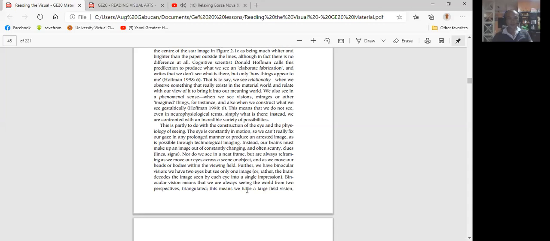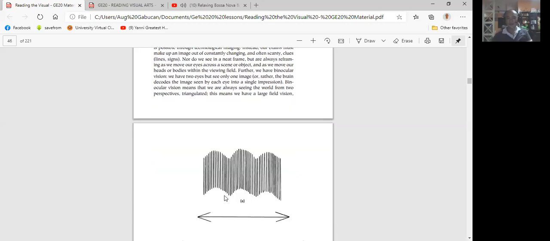So we have binocular vision, meaning dalawa, two. We have two eyes, but we see only one image. So what we do is we analyze an object by triangulating from our binocular vision. It doesn't work like a camera does.